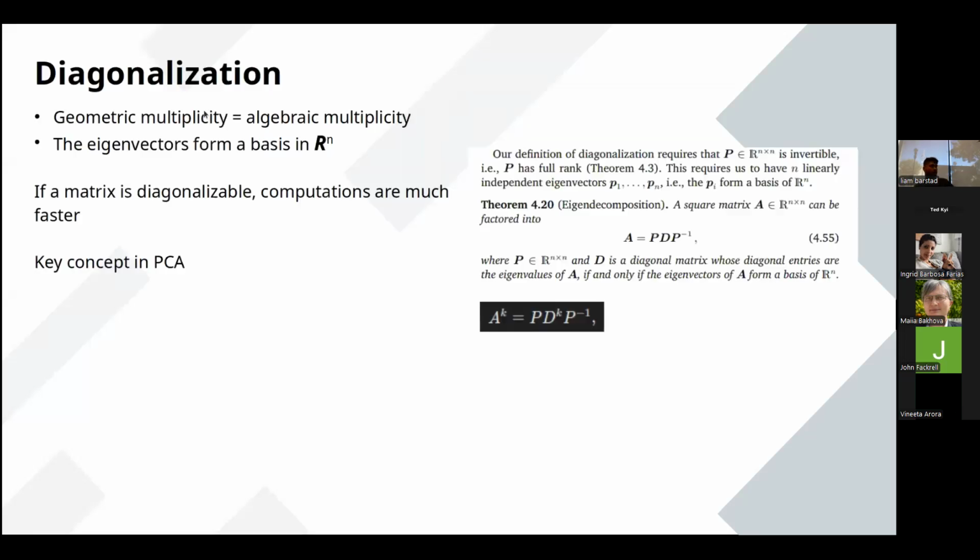Okay. So eigenvalues, eigenvectors, and then diagonalization, which I found surprising that there were a lot of exercises having to do with diagonalization. It made me wonder, why is diagonalization so important? If a matrix is diagonalizable, then the geometric multiplicity is equal to the algebraic multiplicity.